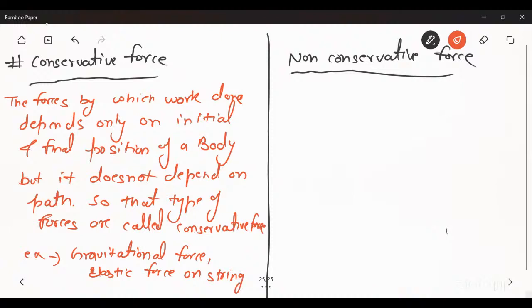Both are examples of conservative force, meaning the work did not depend on the path. It depends only on the initial and final position. And non-conservative forces are the forces which depend on the path simply.